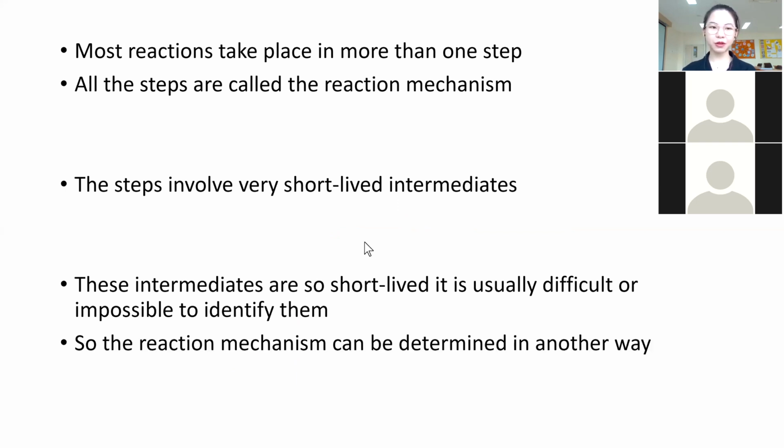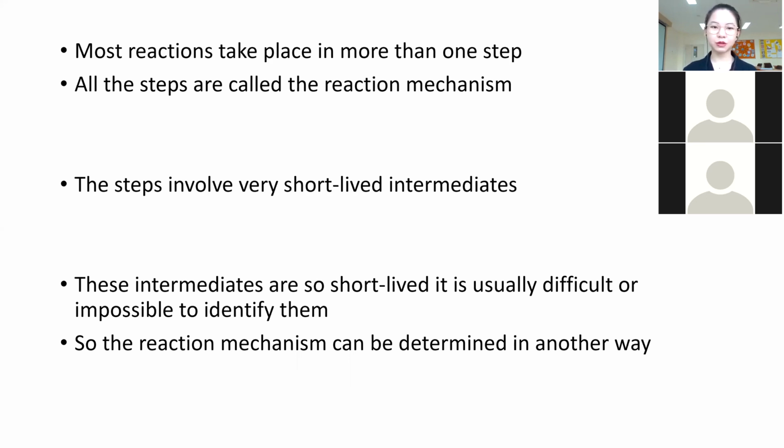So today we're going to look at what's called the rate determining step. That's the step that determines the rate of reaction. Using that, we can look at which intermediate is slow, which intermediate is fast. We get to know a little bit more about the intermediate stages.